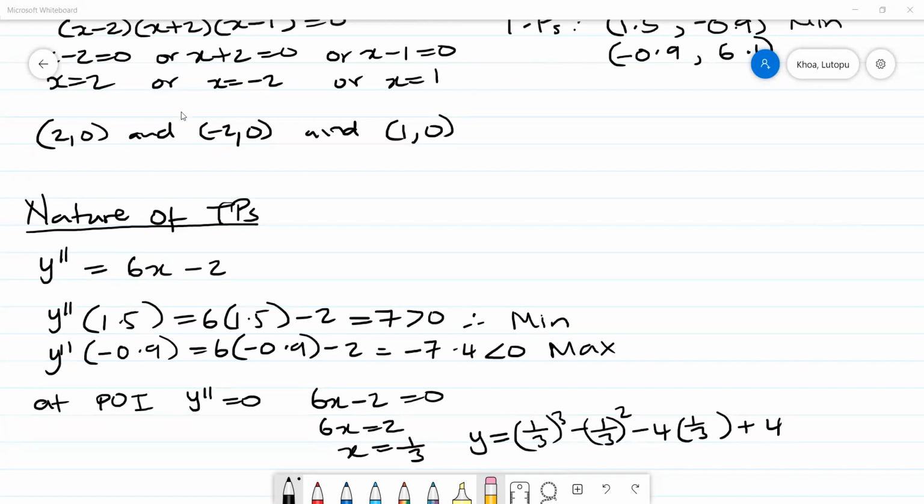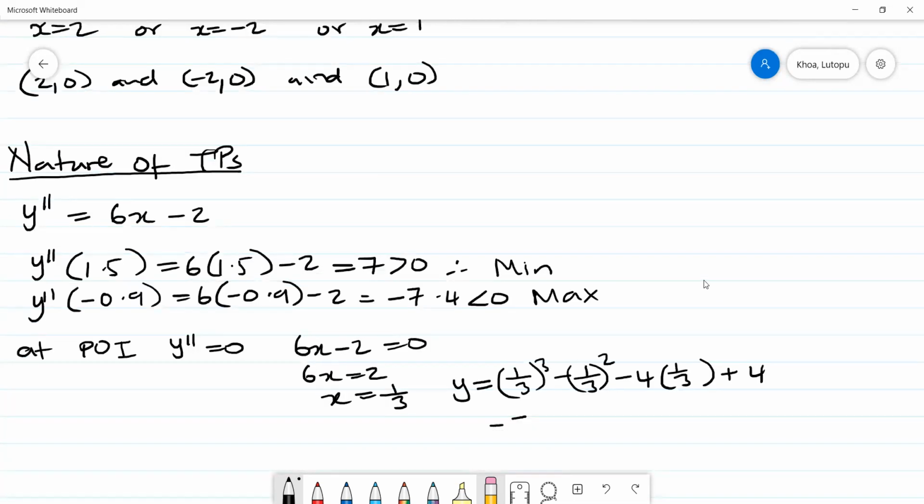Okay, so we have 70 over 27. This is 70 over 27, which is about 2.59. So 2.6, approximately 2.6.